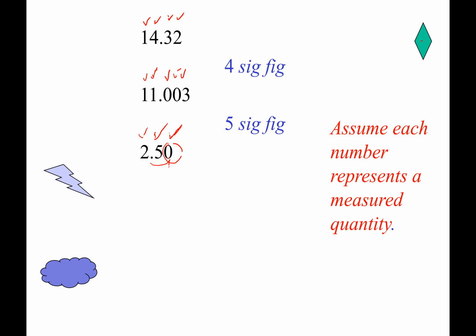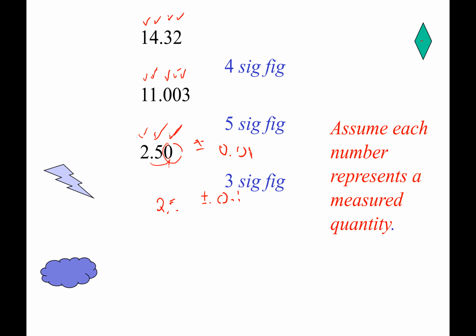That means plus or minus 0.01, right? If they just put 2.5, that would have been plus or minus 0.1. So 3 sig figs for that one.